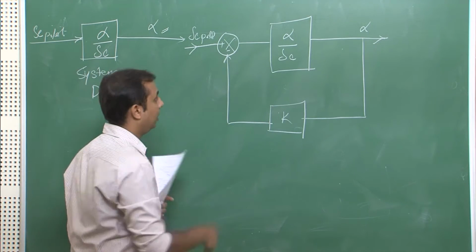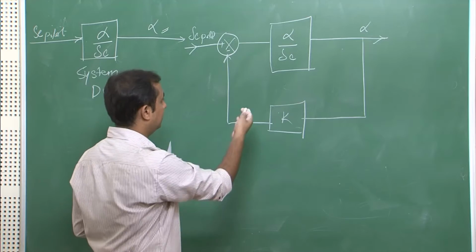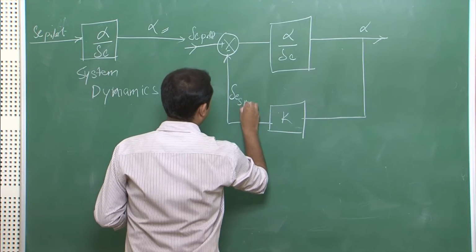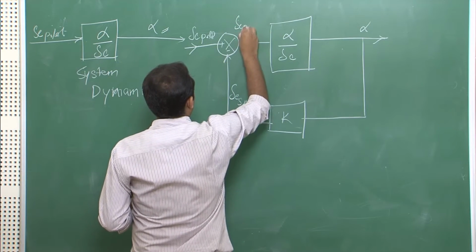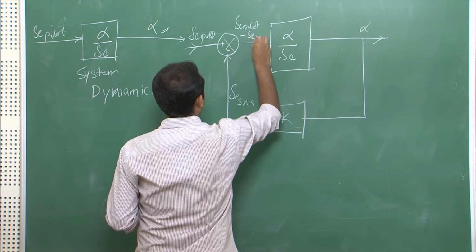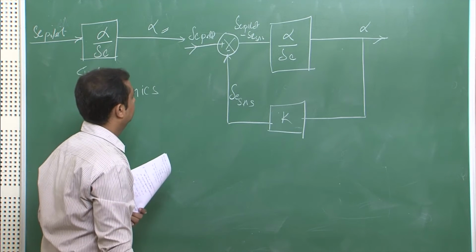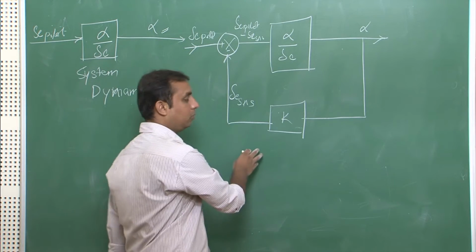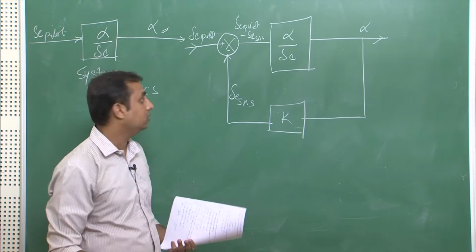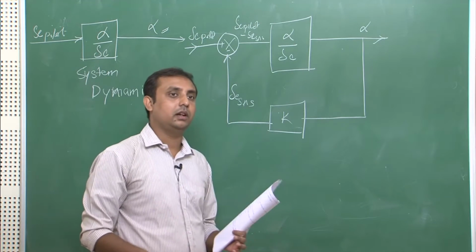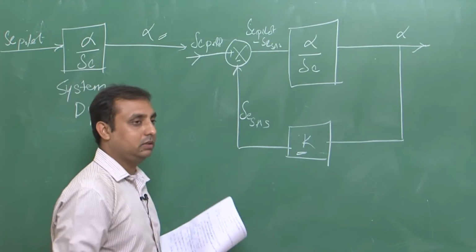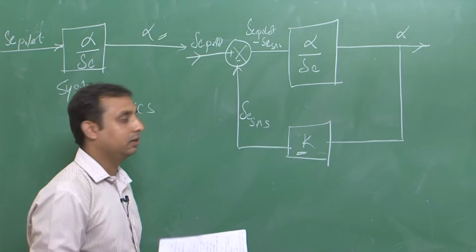The net input which this transfer function or system will be receiving is delta E pilot minus delta E due to SAS. This is your closed loop system, which changes the location of your eigenvalues or roots. So your natural frequency and damping ratio change according to the value of k you provide, which gives the desired value of omega n and zeta.